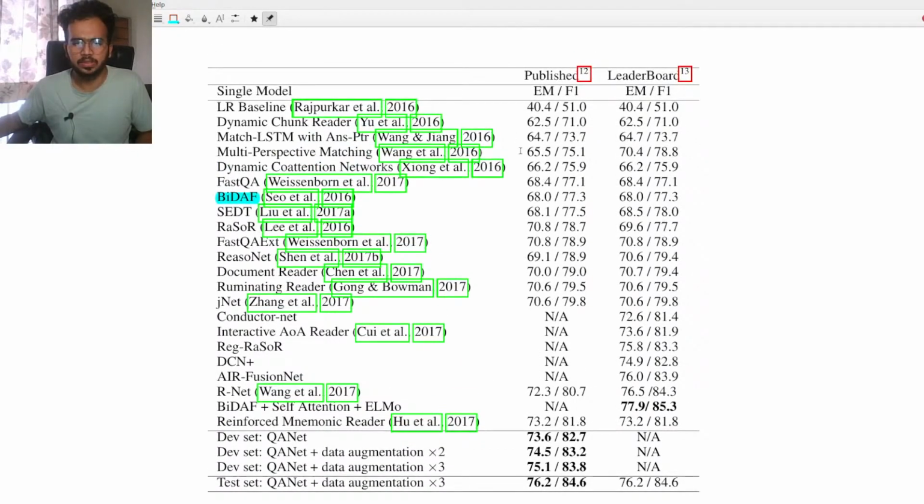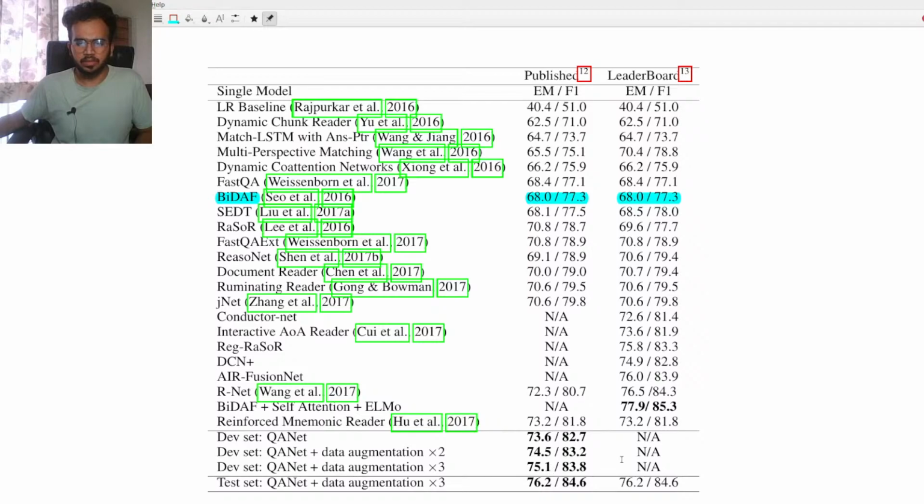It has 68 and 77.3 on the leaderboard as well as published. Some models were not on the leaderboard or were not published, hence the NA in these regions.